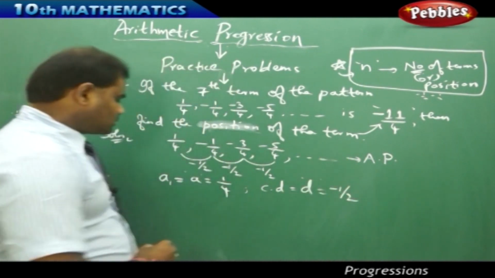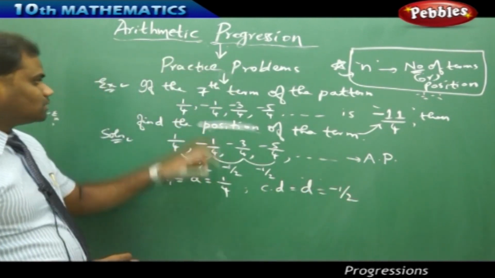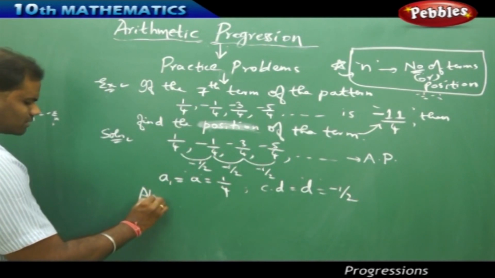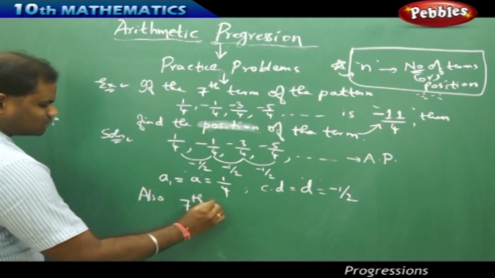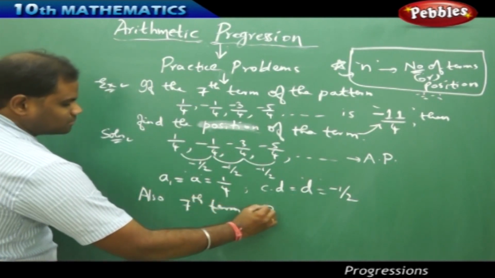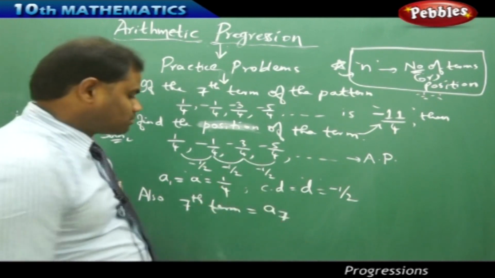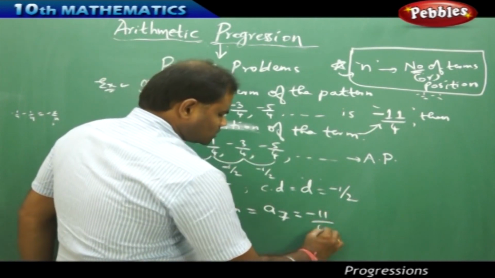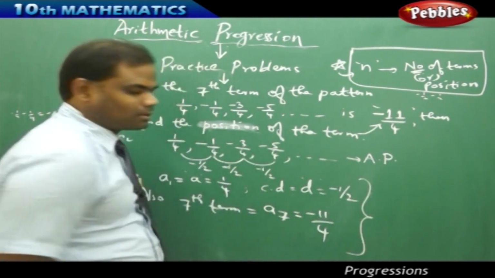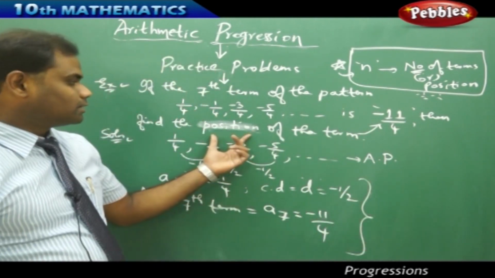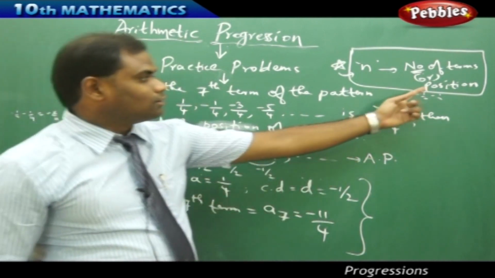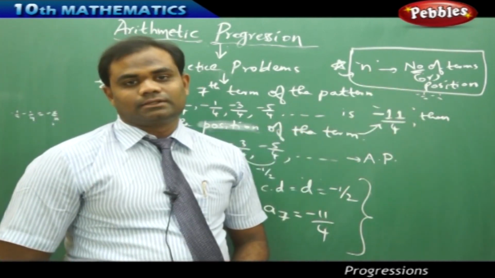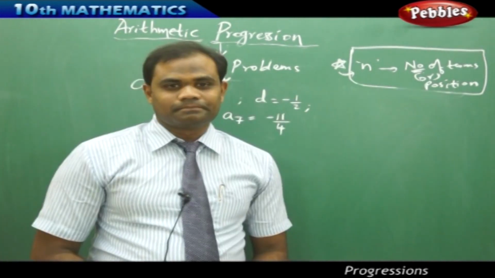So using the first term and the common difference, it is also given that the seventh term, denoted by a7, is minus 11 over 4. So using these three conditions, I'm going to find the value of n, that is the position of the term n. That's how we are going to find it.